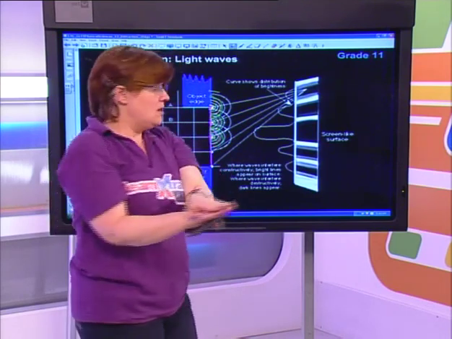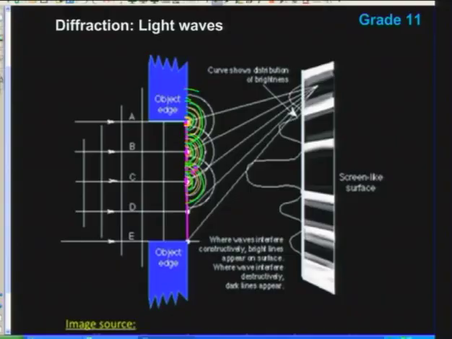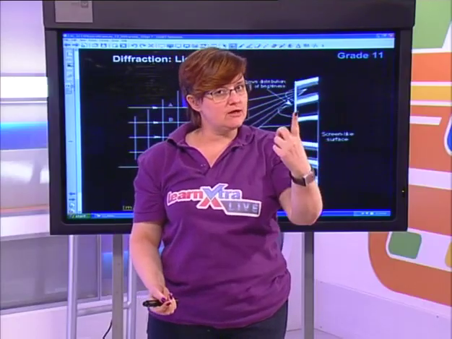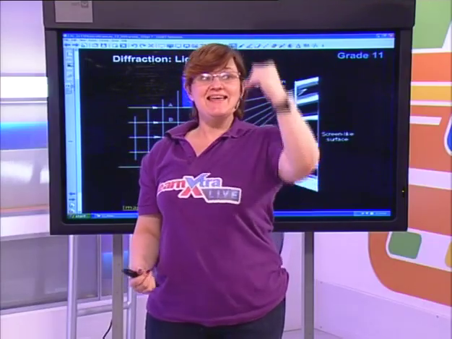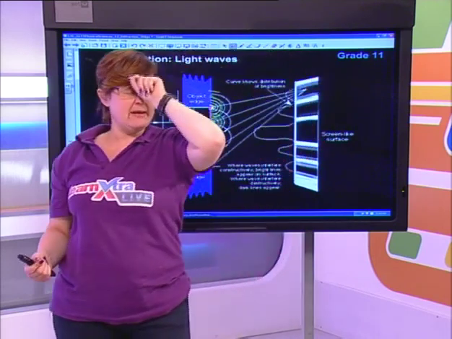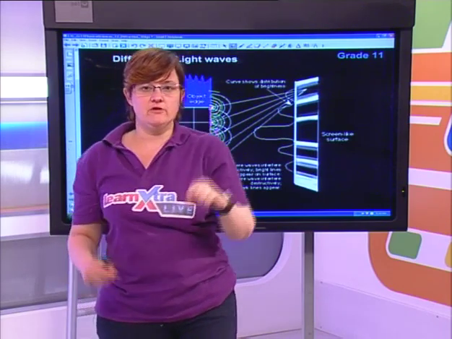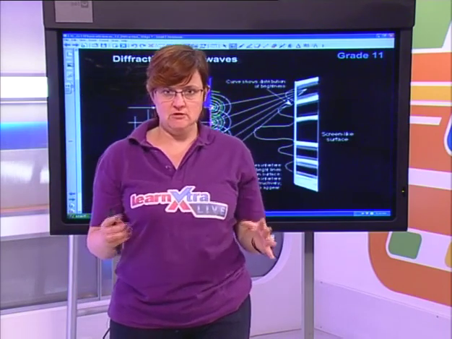Okay? There are other places where a crest meets a crest. Constructive interference increases the amplitude, becomes much brighter, which is why that middle spot was so bright. Constructive interference, we get a bright spot, okay?